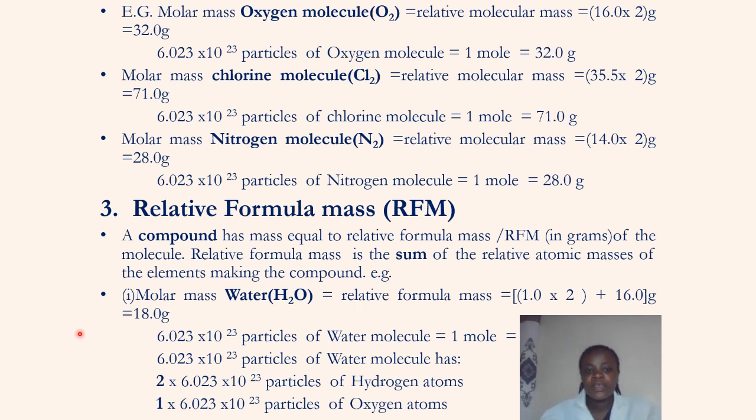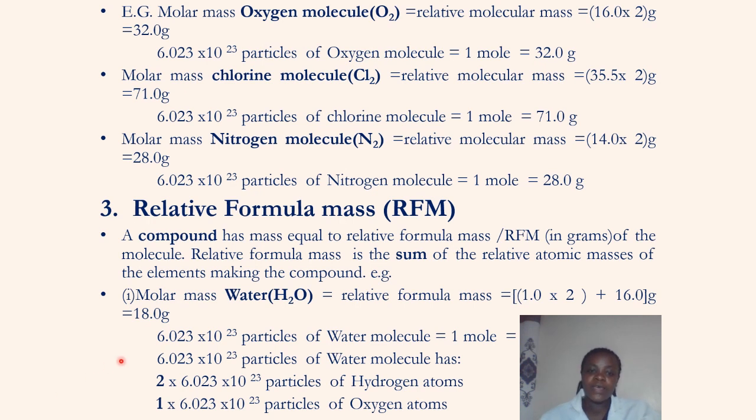The relative atomic mass of hydrogen is 1, multiplied by 2 to give us 2, then plus that of oxygen, which is 16, so 16 plus 2 gives us 18.0 grams of water. The grams give us the relative formula mass.